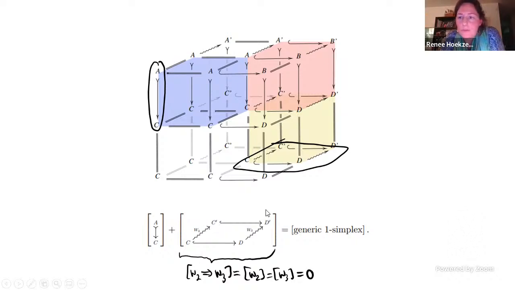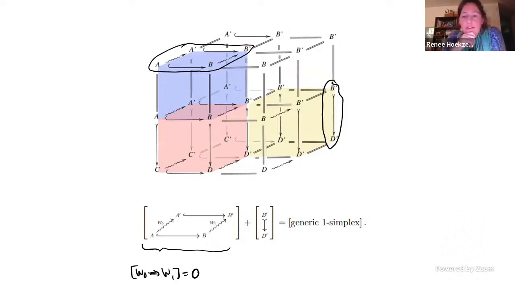Now this horizontal square is a class generated by an embedding of W1 into W2, and W2 into W3. As I showed before, this was the same as just generated by one of the cobordisms, so this is all 0. So I get that the generic simplex can be represented by the vertical map A to C in pi1.